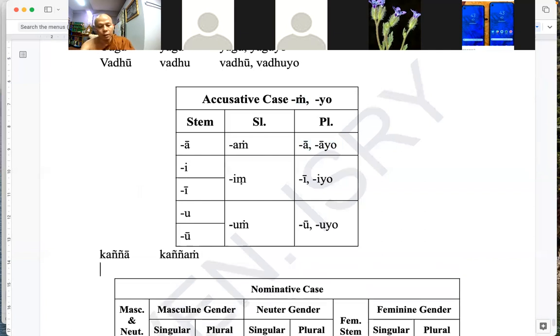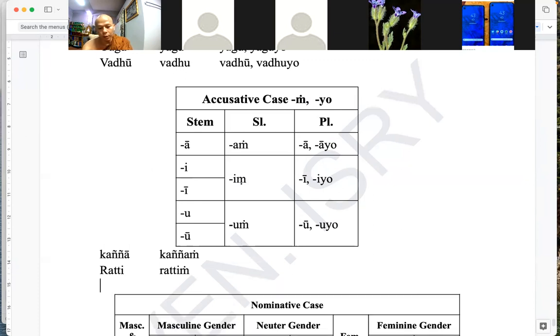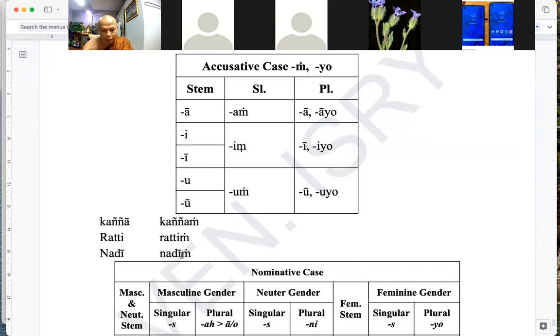And then for rati, also to the E, am is added. So rati and the am is added, ratim. For nadi, to the nadi am is added. But before the am, this E becomes short. So nadim we have.